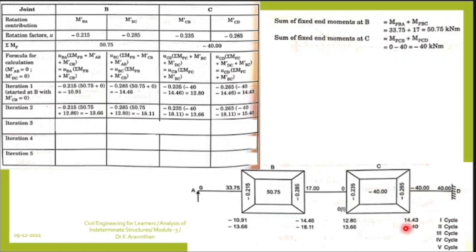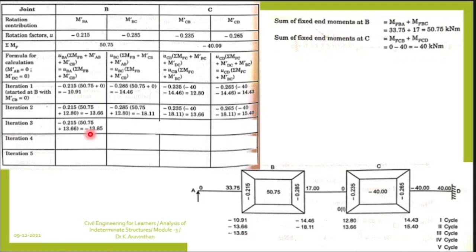Yes, now you got the second cycle. Those who are confident in this concept, you can try without the formula. See, by using this drawing, the next iteration I am going to start, just multiply 50.75 plus 13.66. What is the value? 50.75 plus 13.66 into minus 0.215. You will get the answer here. Minus 13.85.